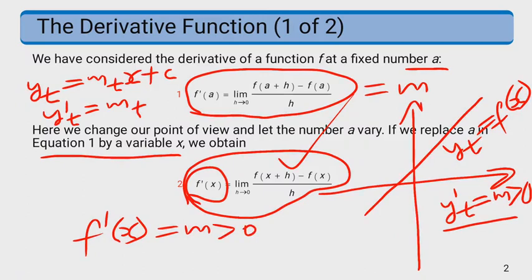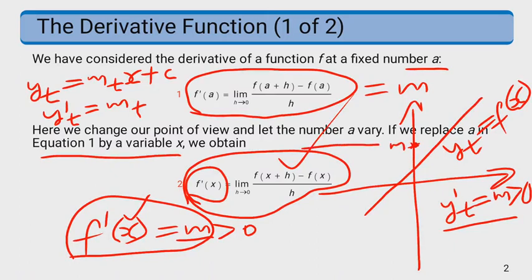So if I want to draw the graph of f prime of x, regardless of the value I take for x, f prime of x will be just constant m. We know that it's positive, so let's assume that this is our m. If it's our m, that will mean the straight line is just there, which describes f prime of x at any point. That's in the case of a straight line.